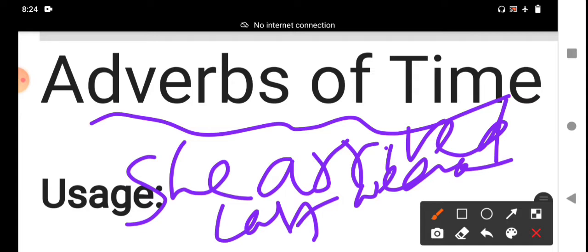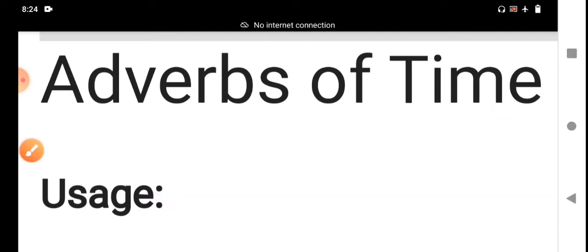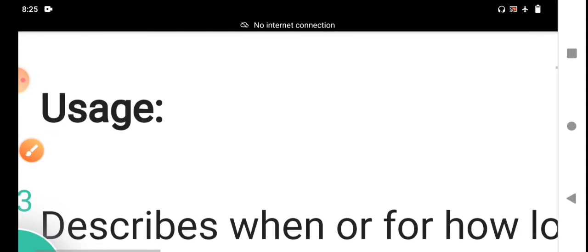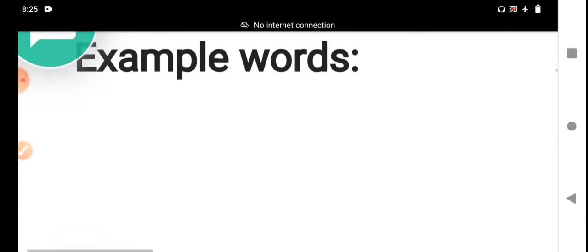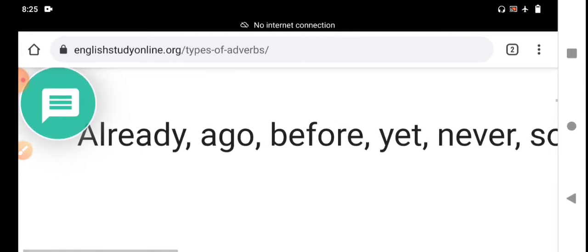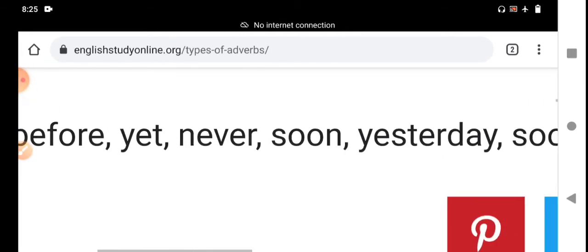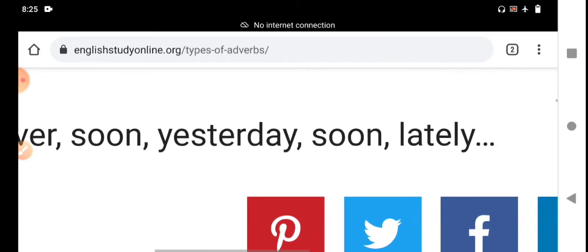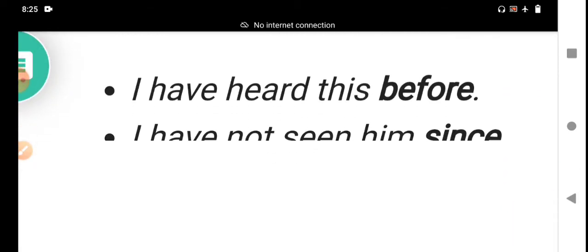Now some usage, meaning we frame sentences. We have given some sentences here with words like already, ago, before, at, never, soon, yesterday, lately. Students should understand the example sentences.